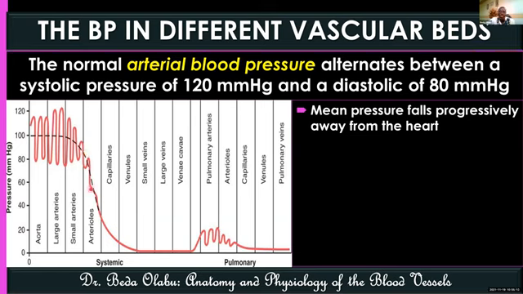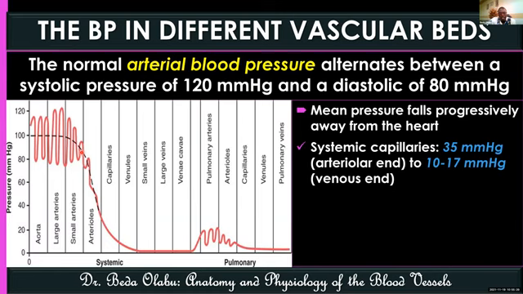There's a progressive decline in the blood pressure as we move away from the heart. Look at what we see in the arterioles. Now the pressure is reducing. Also notice that in the arterioles, the oscillations are also reducing.